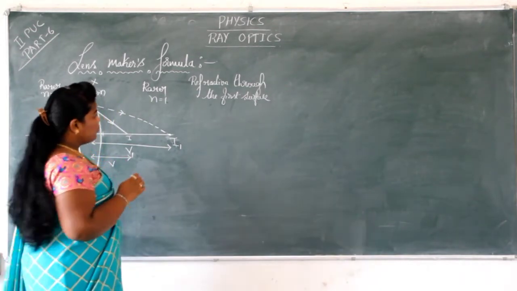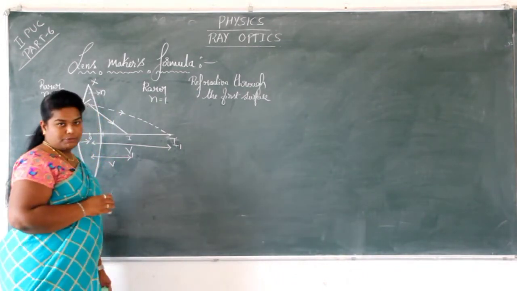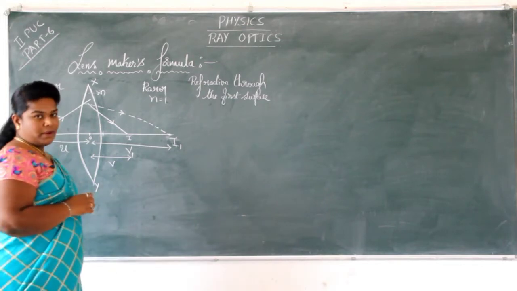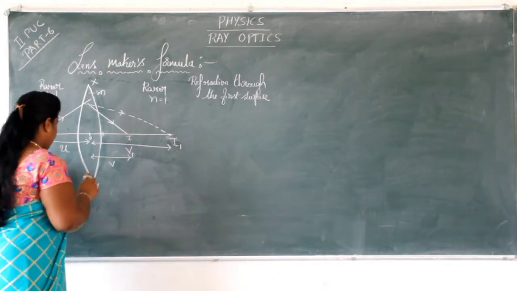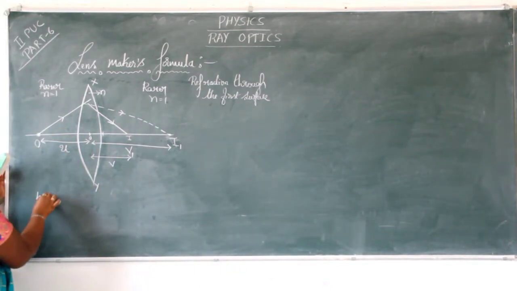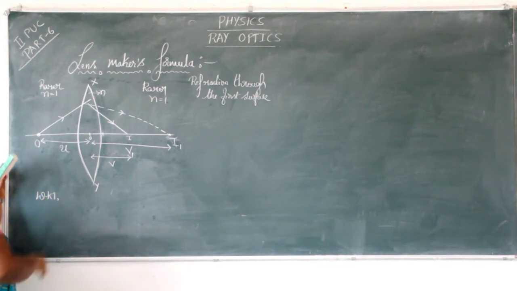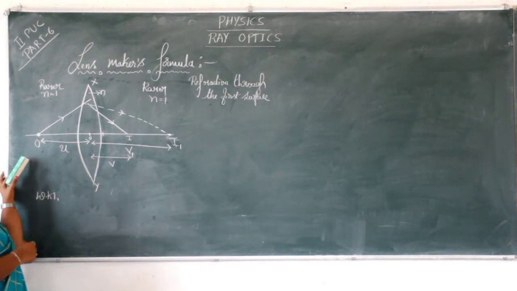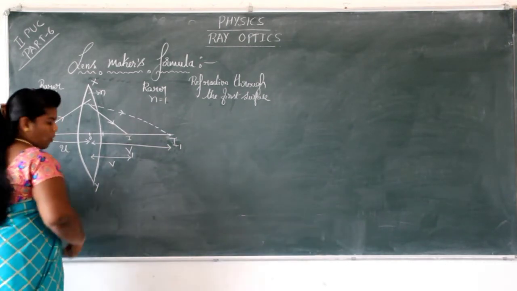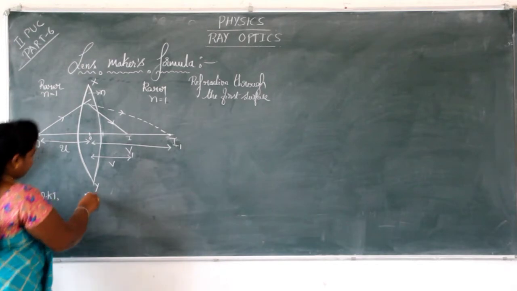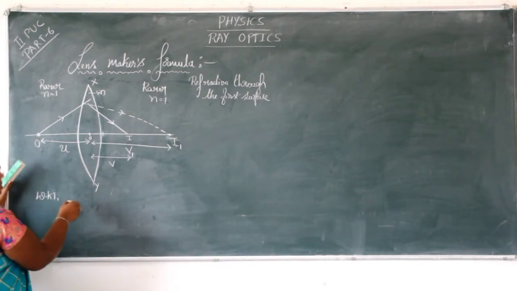Listen. Before going towards the discussion of the refraction through the first surface, I just want to write a general formula that we discussed. So I am writing it as, we know that, see, hope you all have written the points that I said, what is O, what is V, what is I1 and all. So I am just going to write the formula. What is that formula?